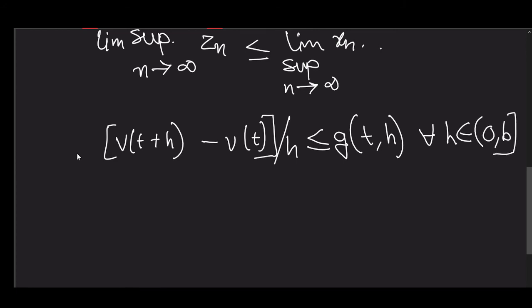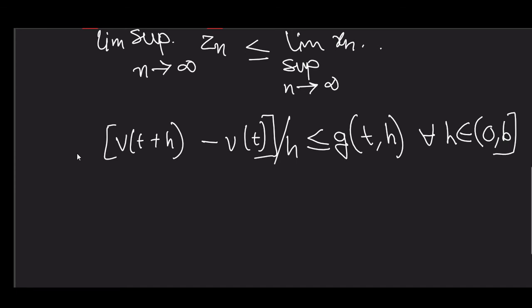You should be very clear about why we have taken the half open interval, because in this limit h tends to 0, h is not exactly equal to 0, so 0 is not included in your set. That is why it is 0 comma b, meaning you can have any number very close to 0 but not exactly 0.